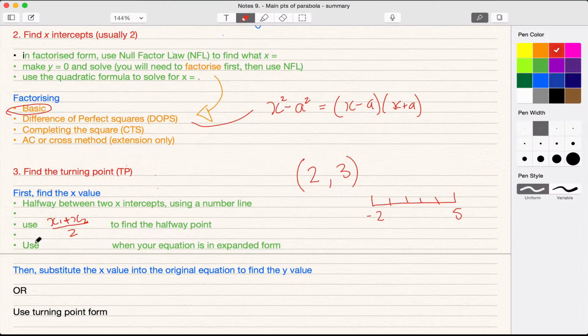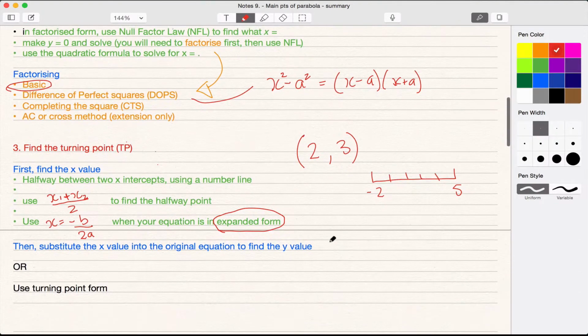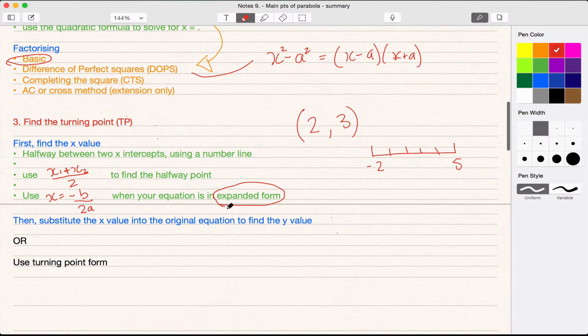The third method is to use x equals -b over 2a, which you can use when your equation is in expanded form. Once you've got your x value, remember to substitute in to find the y value, and then you have your 2 points that you can plot on your graph.